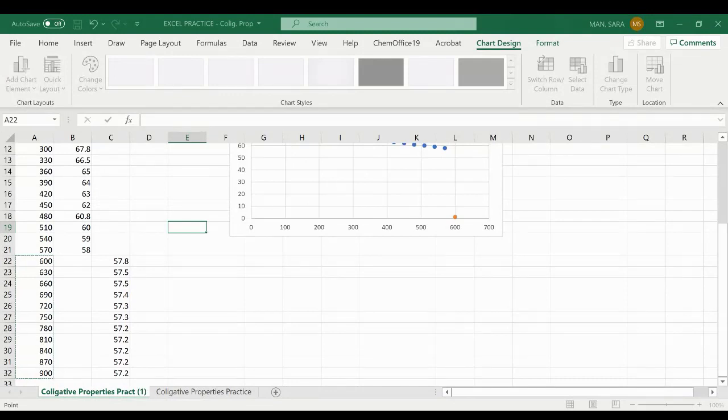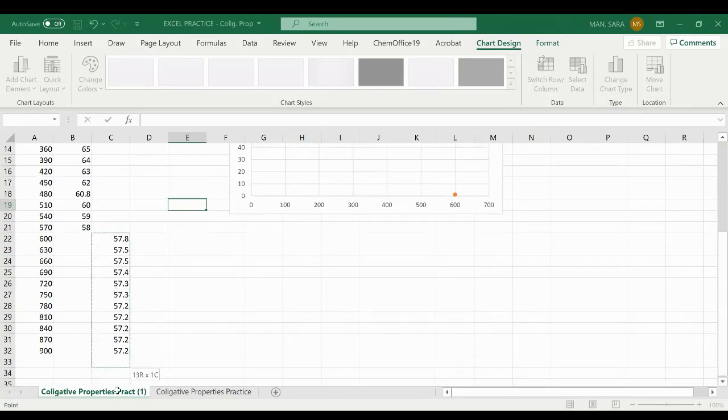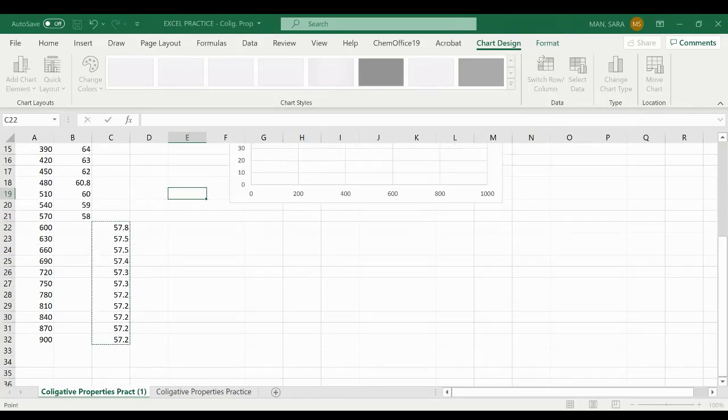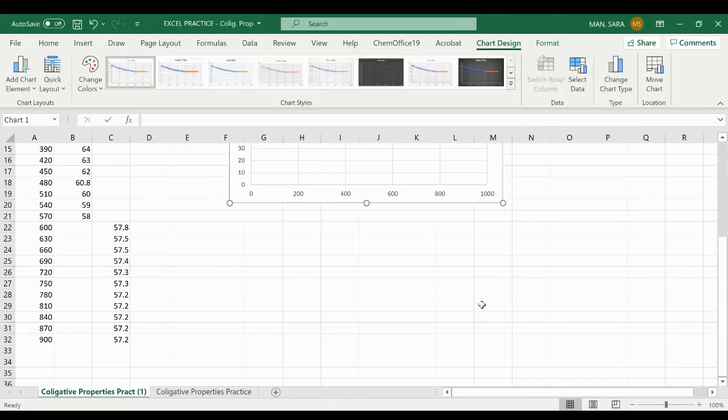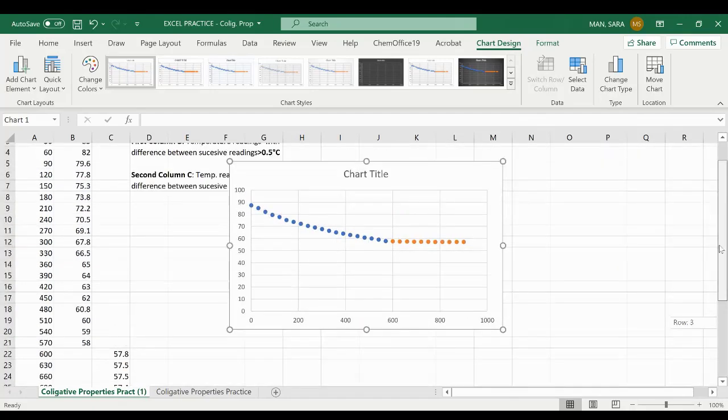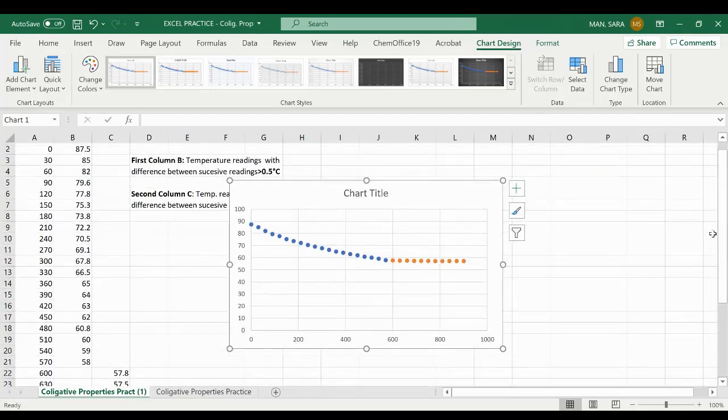And now I will erase whatever is in Y, highlight the data here, and click OK. Now I have the two curves, series 1 and series 2. And I will click OK. Let's see what I have. This is the beginning of the chart.